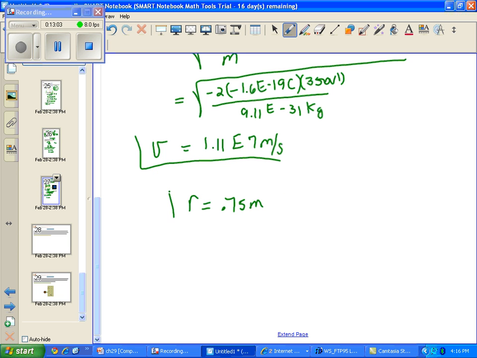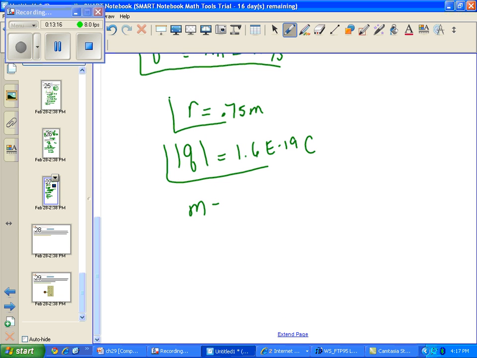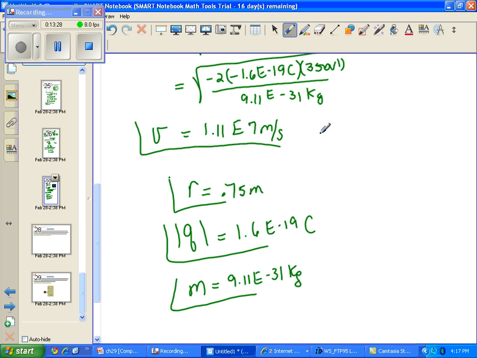Well, we've got that. We've got V. We know the magnitude of Q, 1.6 e to the minus 19. We know M, the mass of the electron, 9.11 e to the minus 31 kilogram, and they asked us to solve for B. So using these quantities right here, how can we determine this unknown magnitude of field?